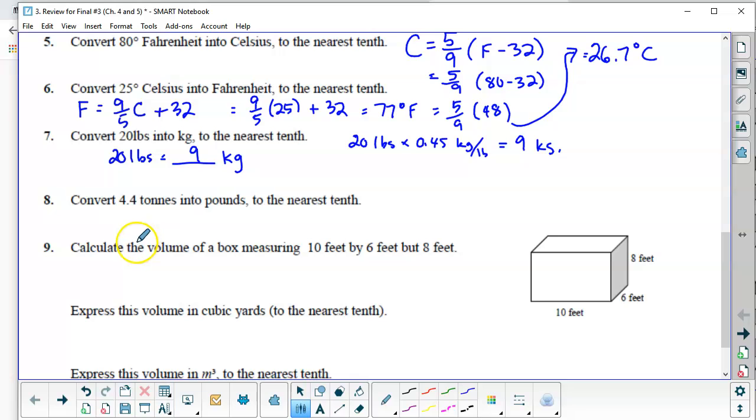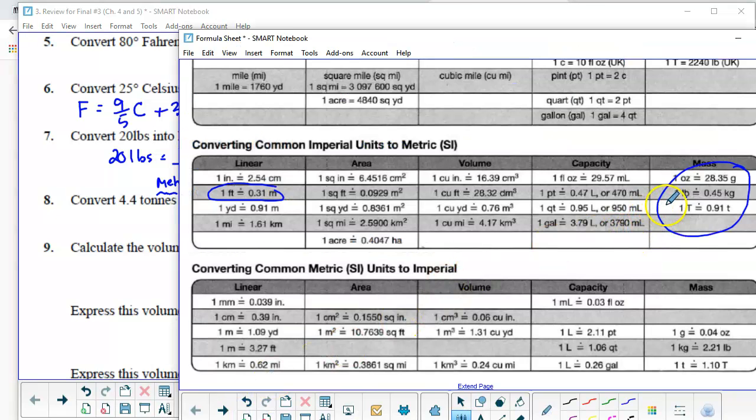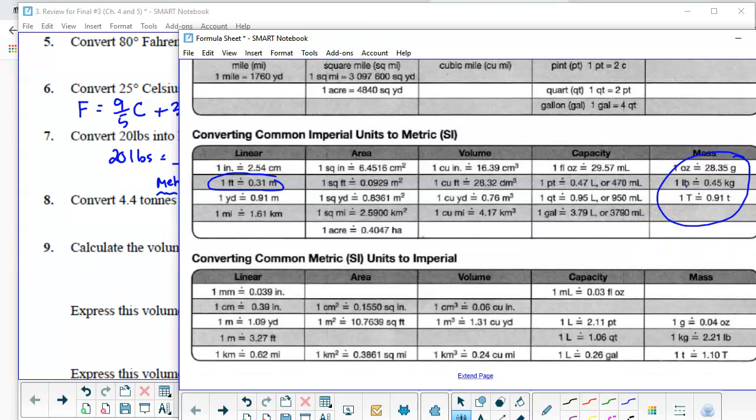Okay. Next one, tons into pounds. So notice the spelling when it has the two N's, ES, this is metric, okay, into pounds. So metric tons. So again, we're going to go from now metric into imperial. That's the next column.